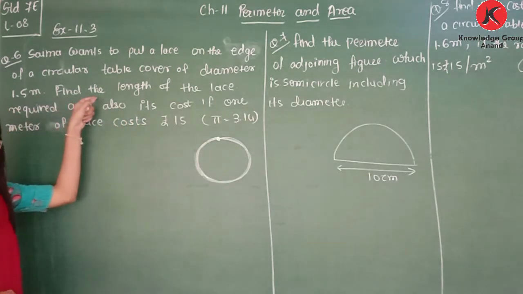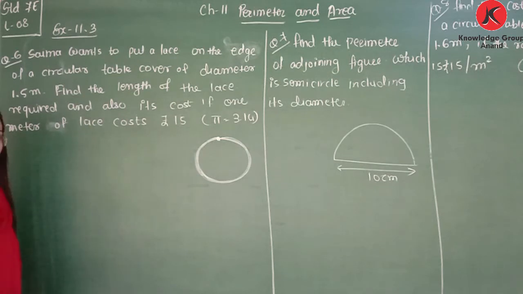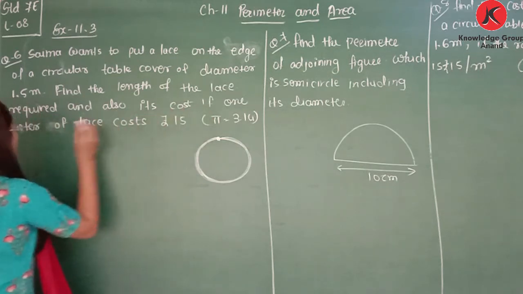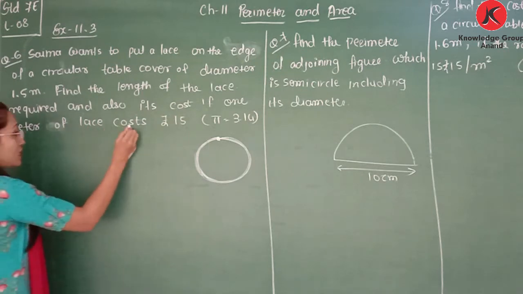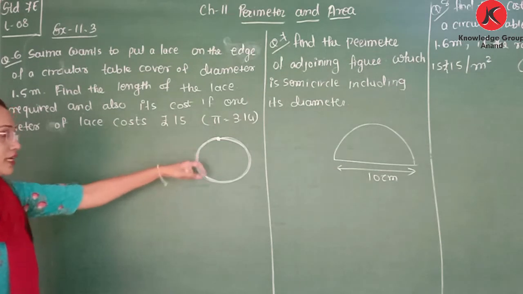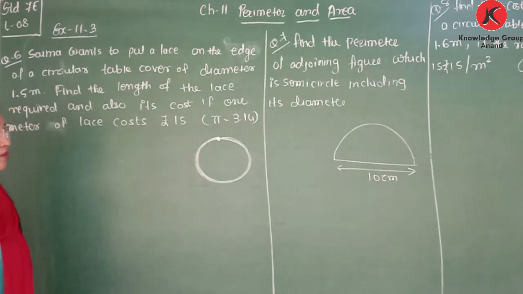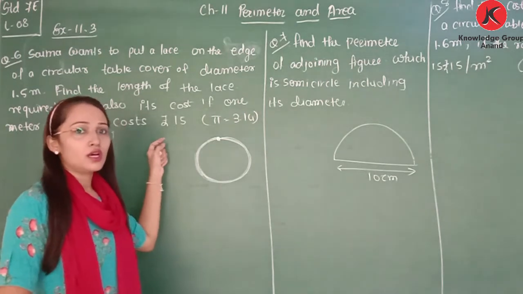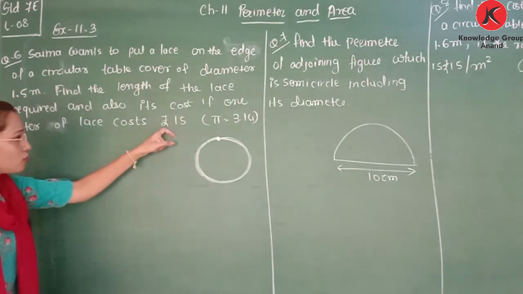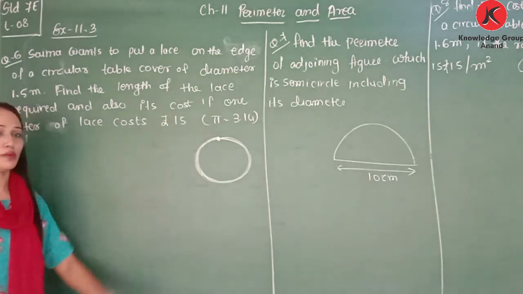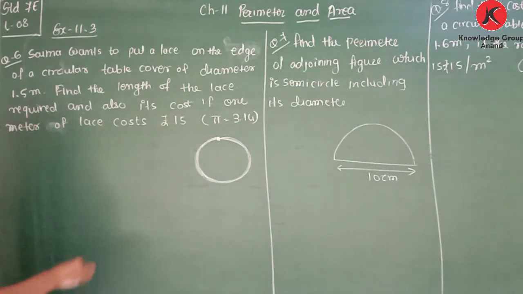To find the length of lace, we need to find the circumference of the circle, and also its cost, if 1 meter of lace costs 15 rupees. After finding the length of lace, we need to find the cost of the lace. For 1 meter the cost is 15 rupees, so for this length, what will be the cost? Clear?